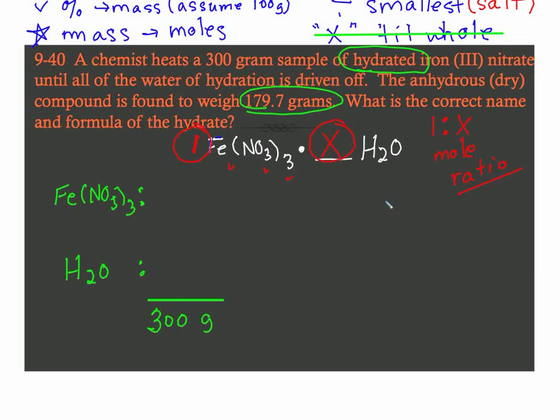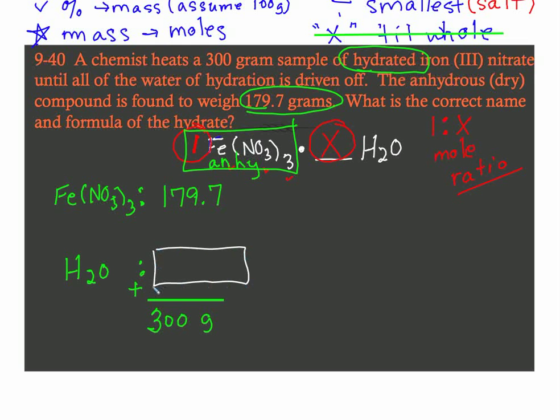And you find that the anhydrous, that means the without water portion, that's my anhydrate portion, is 179.7. So what you can do is by subtraction determine that water, because the anhydrate plus the water equals the hydrate.